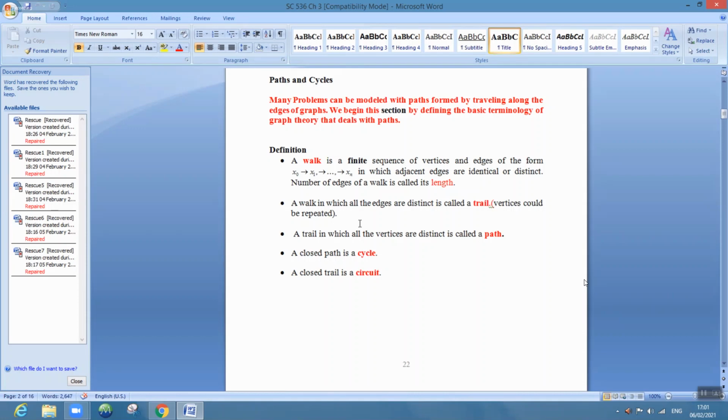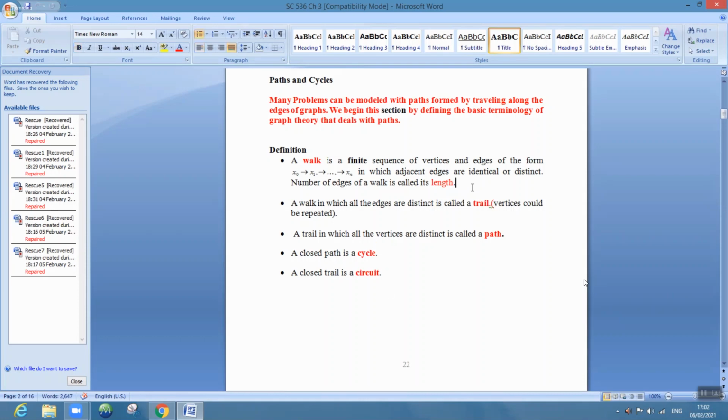If you want to write a walk of length 5, you have to write 5 edges. So in a walk, edges and vertices could be repeated.